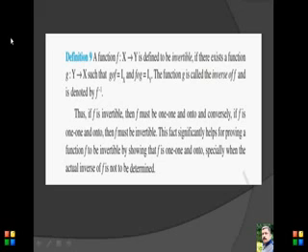So finally, to prove a function is invertible, you simply show g of f(x) is equal to x and f of g(y) is equal to y. So this is the definition of an invertible function.